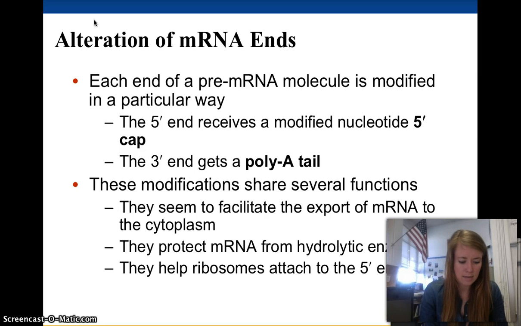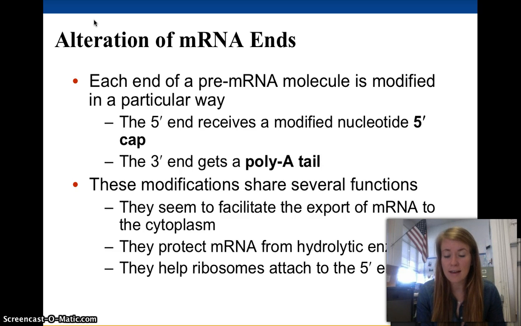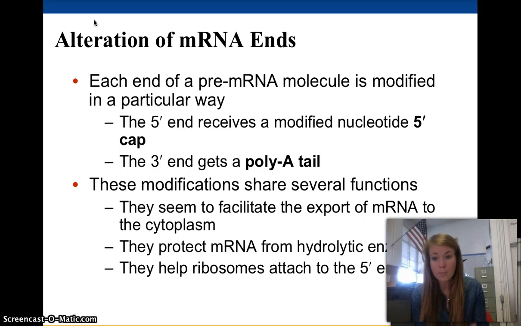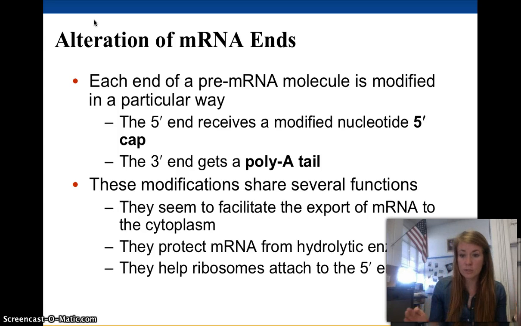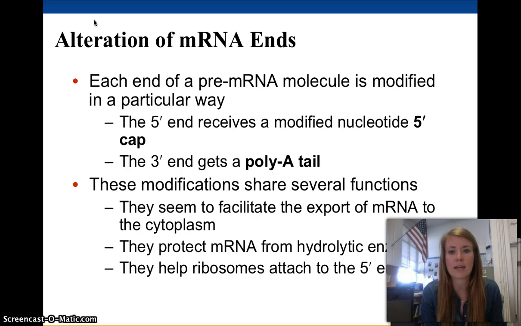Remember how at the end of transcription, the RNA polymerase reads the polyadenylation signal, AAUAAA, and that's how it knows to stop transcription, and that's when it knows to add on the poly-A tail. So as soon as transcription is done, that's when the poly-A tail gets added to the 3' end, but once transcription starts and is still happening, that's when the 5' end receives the 5' cap of the guanine.